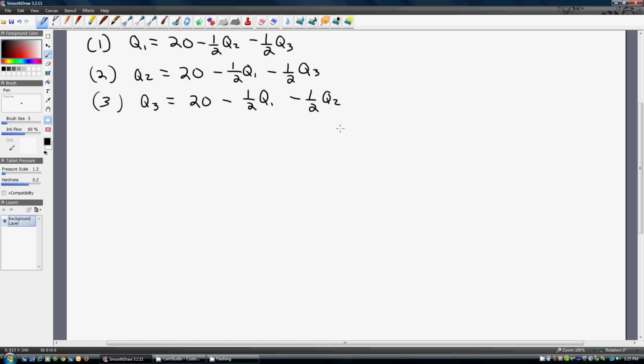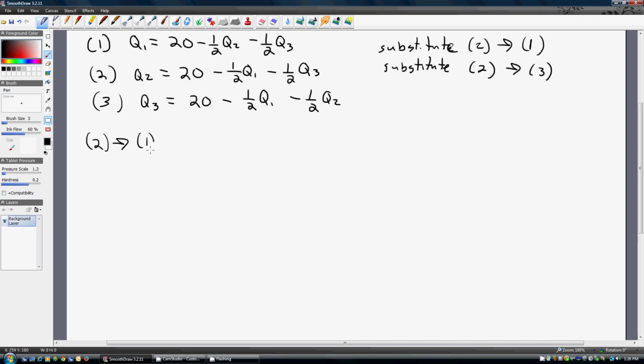And the way that I like to do it is let's substitute 2 into 1, and then we want to substitute 2 into equation 3. So we're going to substitute equation 2 into equation 1, we're going to simplify, and we're going to substitute 2 into equation 3, and we're going to simplify. And so let me go ahead and do that.